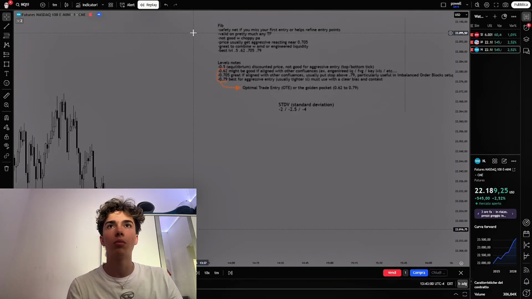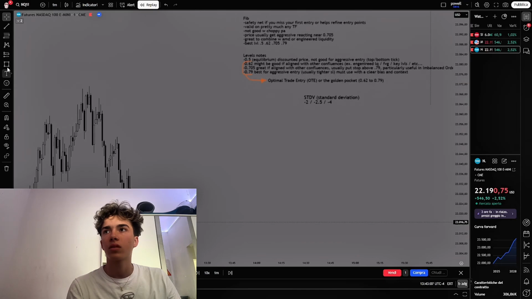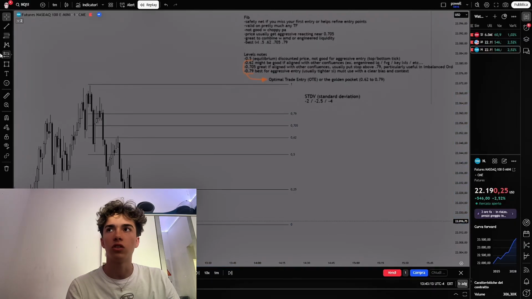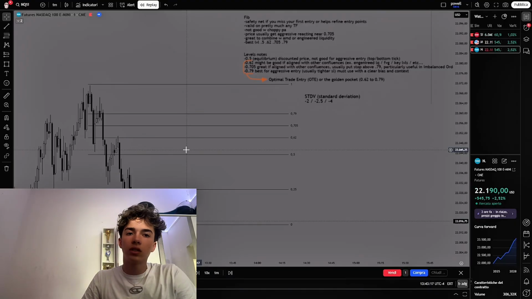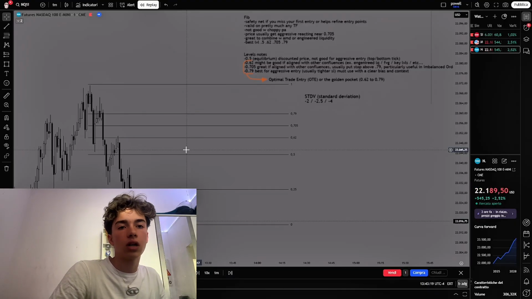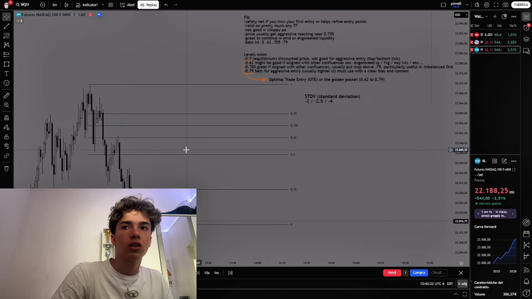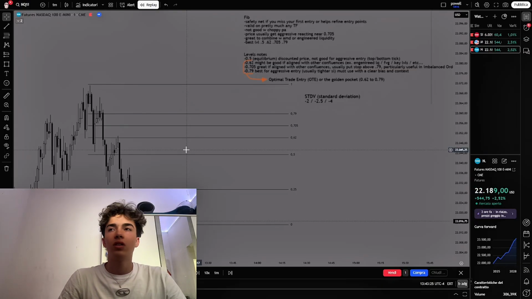The best levels about the Fib are basically the 0.5, which is equilibrium if you studied from TJR, and it's very useful when you play with the higher time frame and bigger stop loss, not very useful with the top tick or bottom tick.